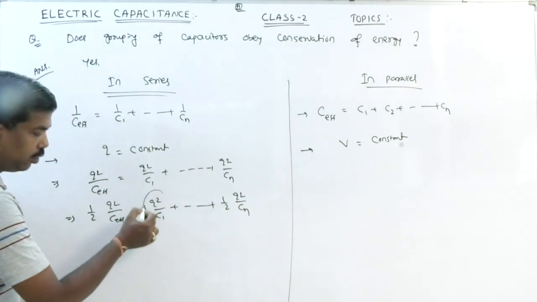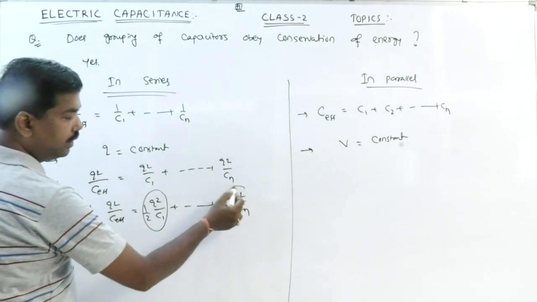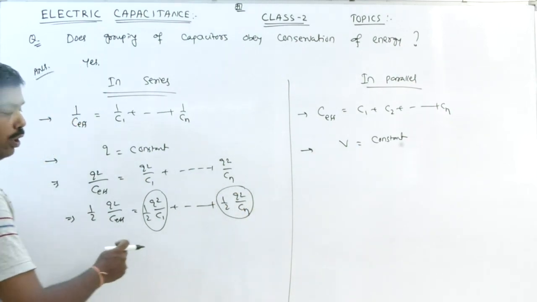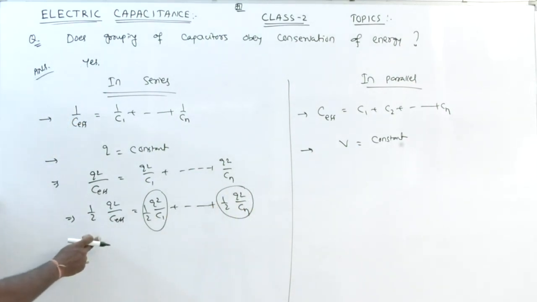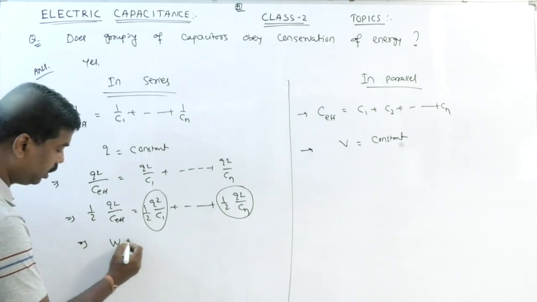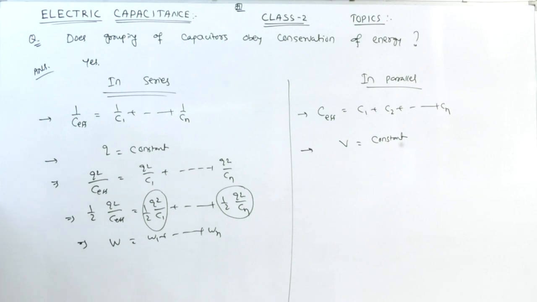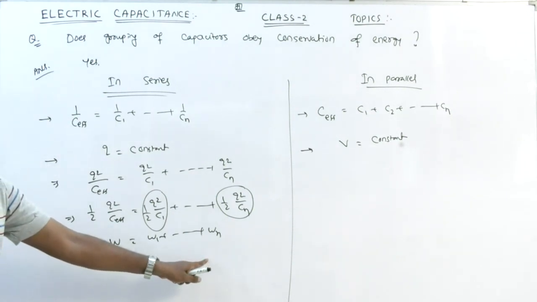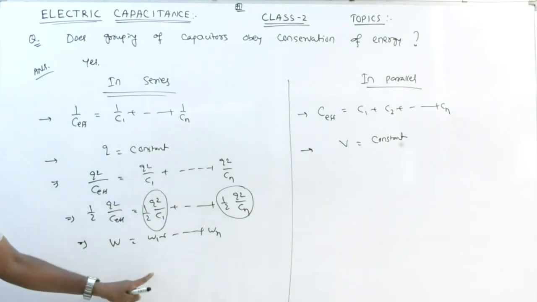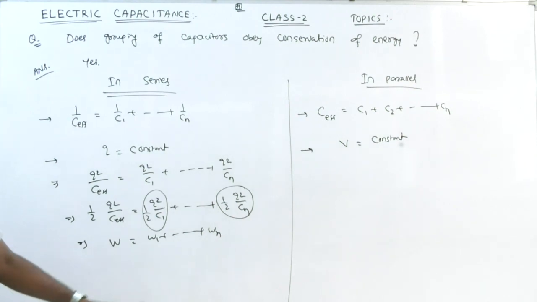This is the energy of the first capacitor. This is the energy of the nth capacitor. If you add the individual energies, you get the total energy. Hence, total energy is equal to the sum of the potential energies of each capacitor. Clear? Hence, it obeys the conservation of energy.